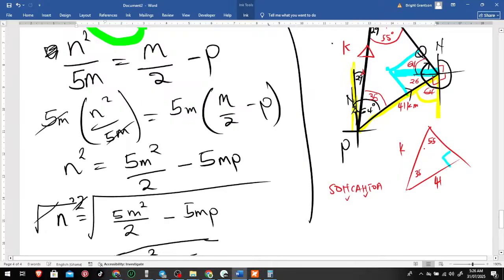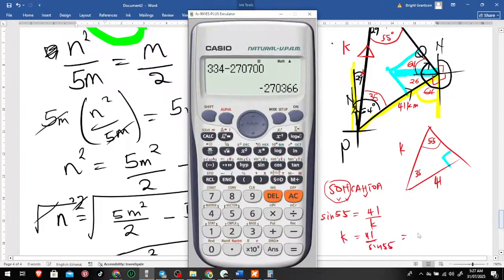So let's use this one. Sine 55 equals opposite over hypotenuse, 41 over K. And K is going to be 41 over sine 55. And that will be the answer. 41 over sine 55. Please, are you following?